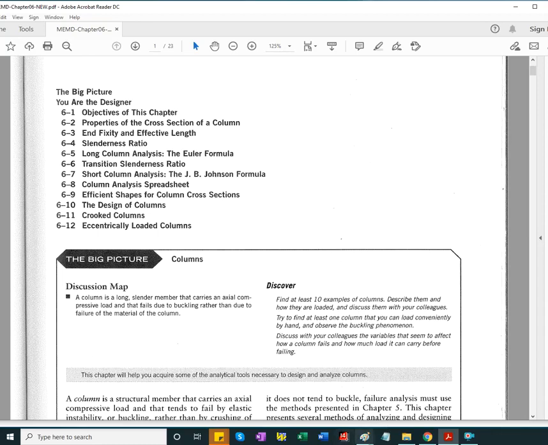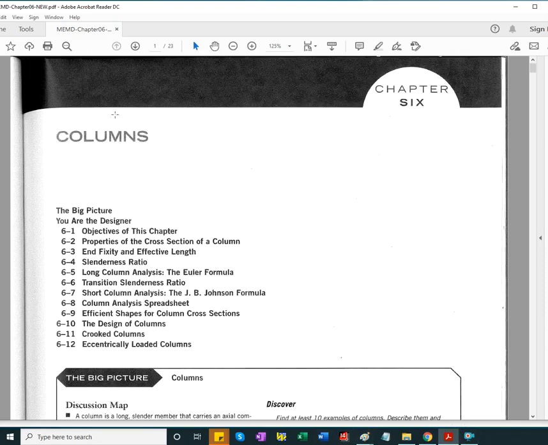But otherwise, the column chapter 6 is pretty much standalone, and you should be able to master it after trying some problems. Okay, so I'm stopping here, and we'll have additional posts with problems.